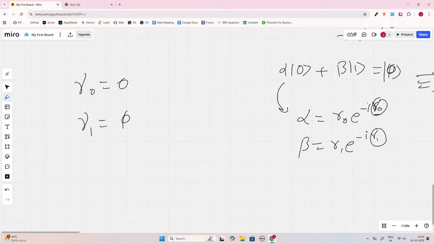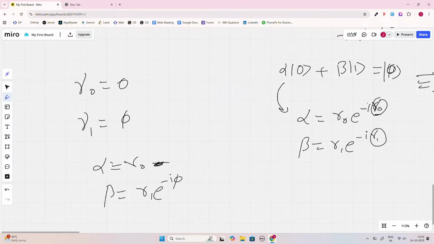Anyway, it's not making any change, right? So I can just use any of the random values which I want. Now I can write alpha as r naught and beta as r1 e to the power of minus i phi. Right? I have these values at this point of time.